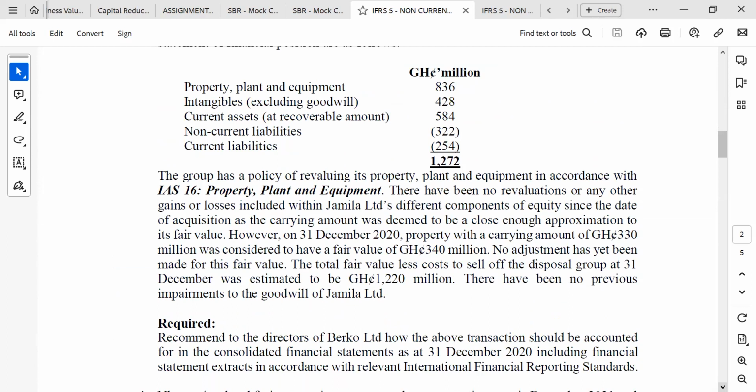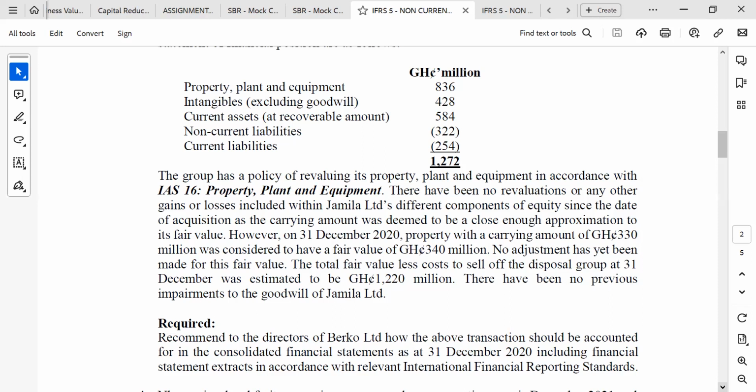The group has a policy of revaluing its property, plant and equipment in accordance with IAS 16, Property, Plant and Equipment. There have been no revaluation or any other gains or loss included within Jamila Limited's different components of equity since the date of acquisition, as the carrying amount was deemed to be a close enough approximation to its fair value.